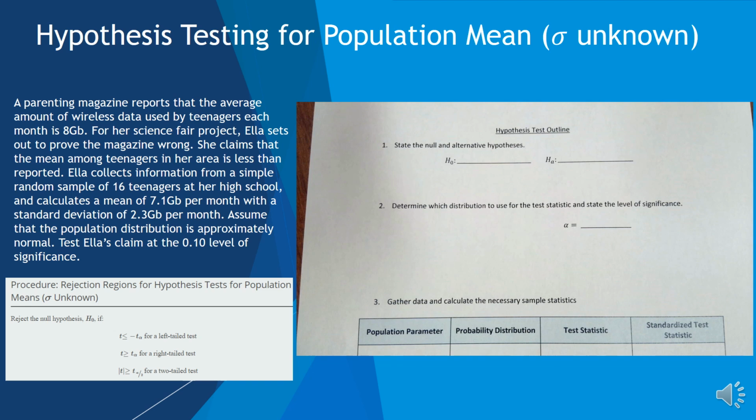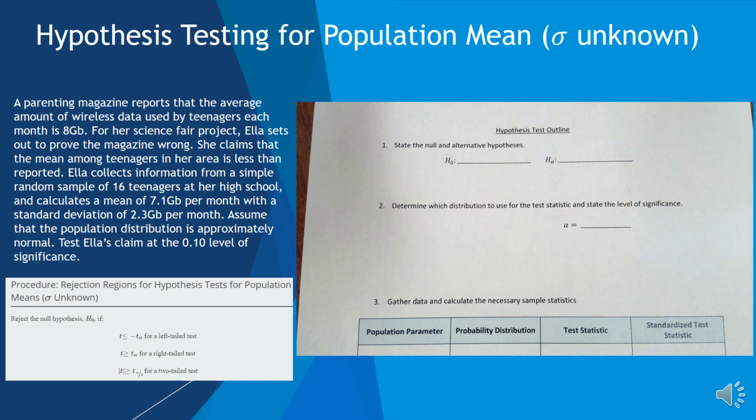Even though they tell us the population is approximately normal, we still have to use the student's t-distribution because we do not know the population standard deviation sigma.